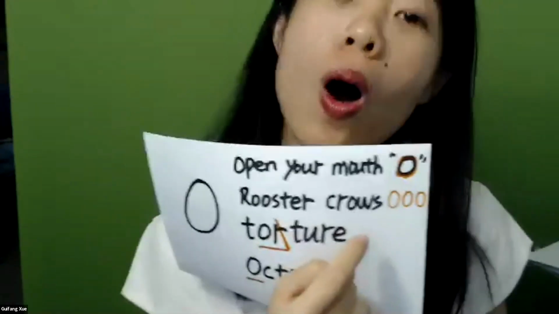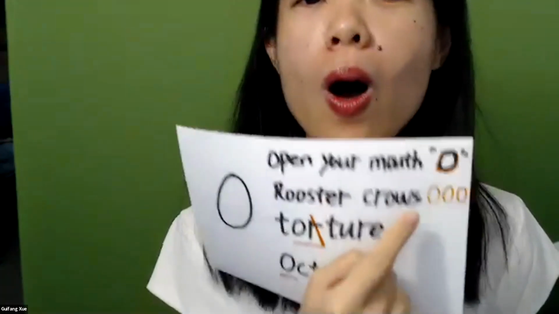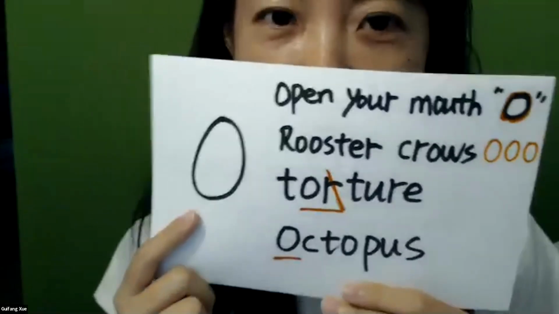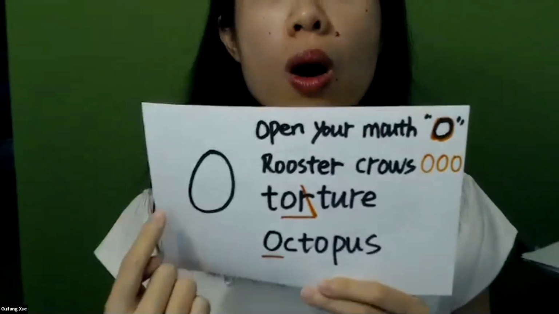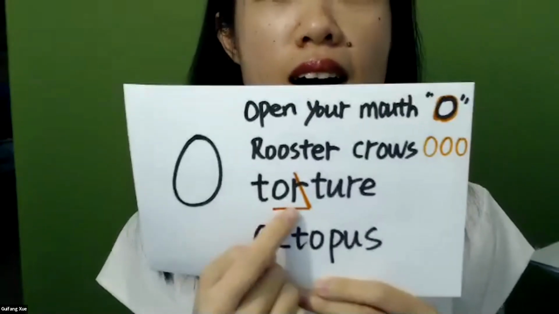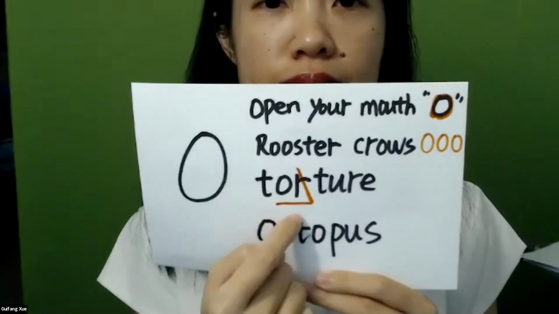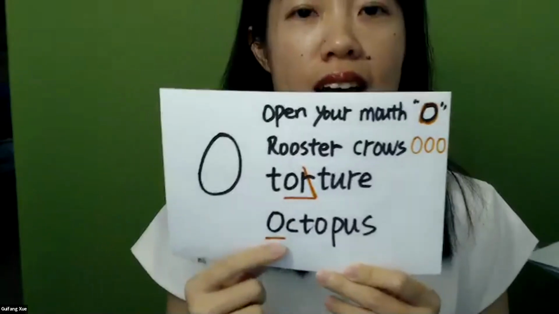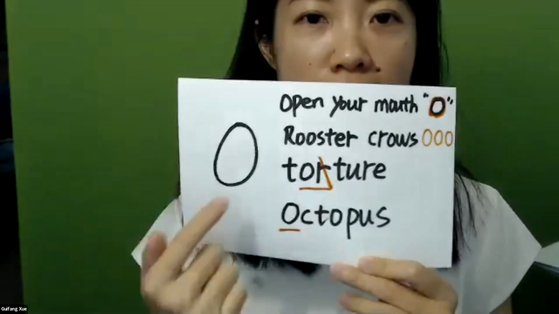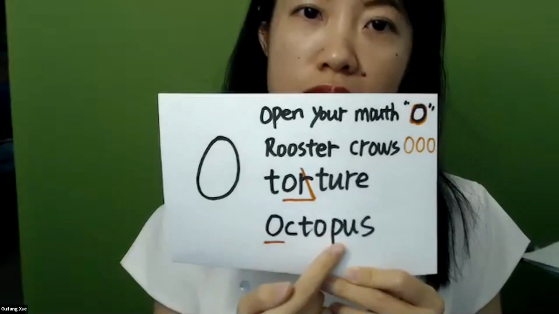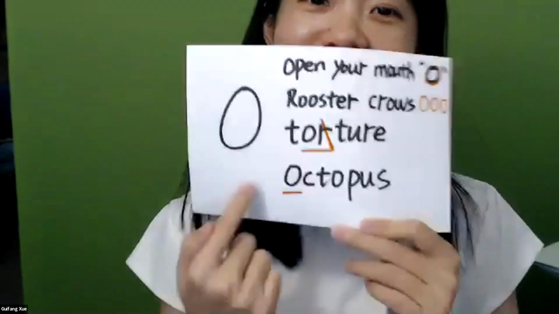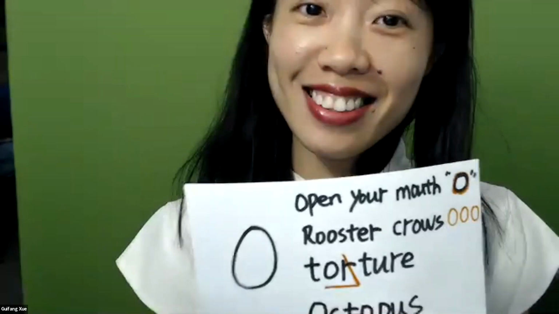And for the unscramble method, it's like the O in torture without the R sound. Or it's like octopus, oh, octopus. It's like the O in octopus. That's the unscramble method. Okay?